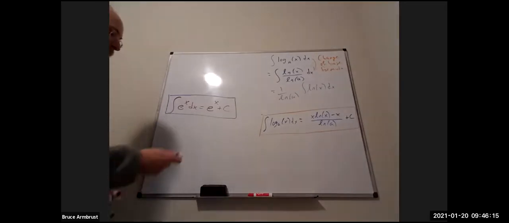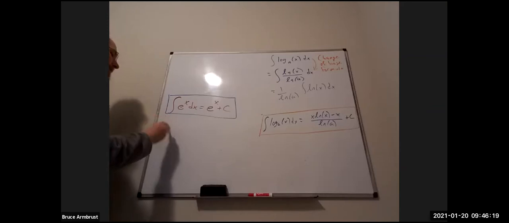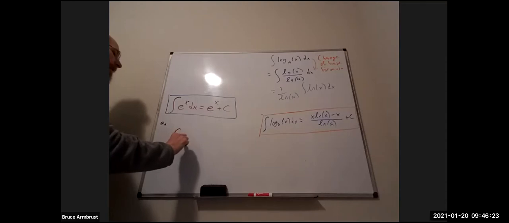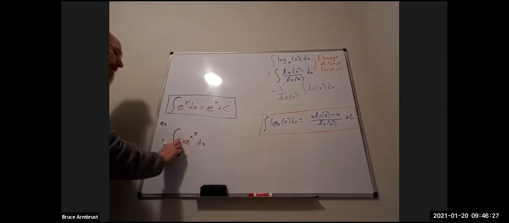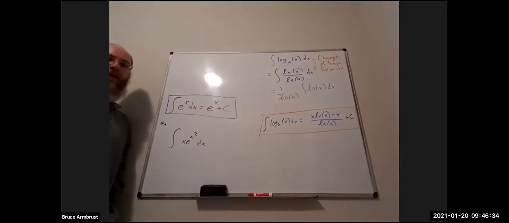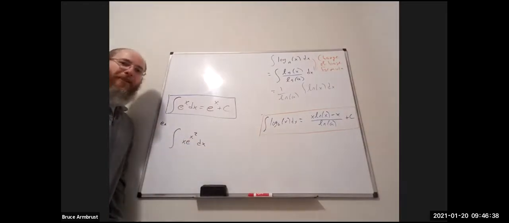So for example, what if we had the integral of 2x e to the x squared dx? No, let's just make it x e to the x squared dx. So you see the e to a power and you get a little bit excited because you're like, nice, I know what to do with those.